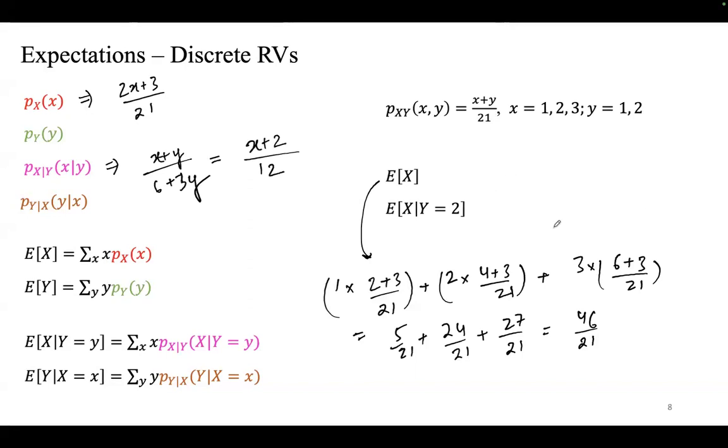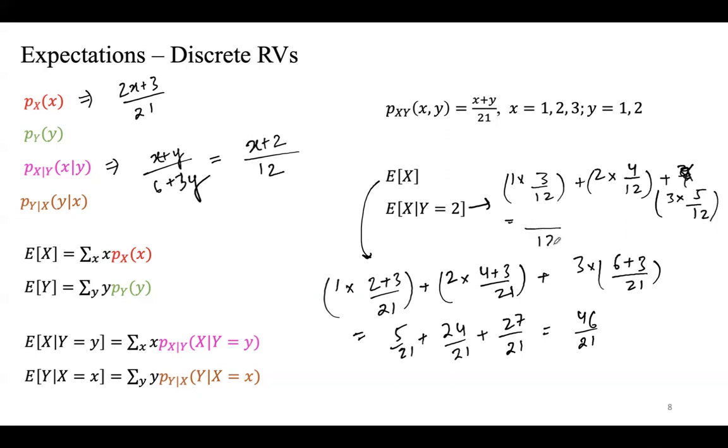Now we'll again sum this, just like we did here. So it's going to be 1 into 3 by 12, plus 2 into 4 by 12, plus, let's say, 3 into 5 by 12.